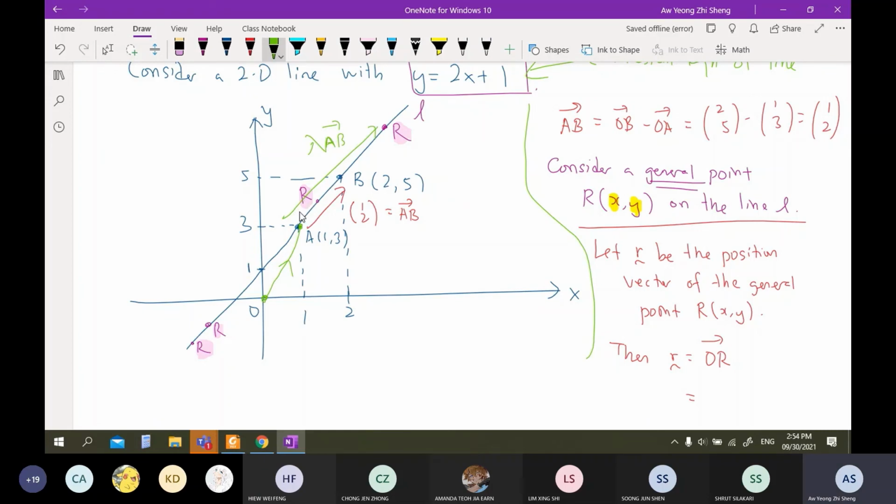The lambda AB that I draw here is a lengthened version of the red vector, which means my lambda must be a positive number greater than 1. Lambda can be possibly 2 or 3 if I want to reach a far away point. If my R is even further, then I just need to modify my value of lambda. So I just need to take lambda AB for an appropriate lambda.